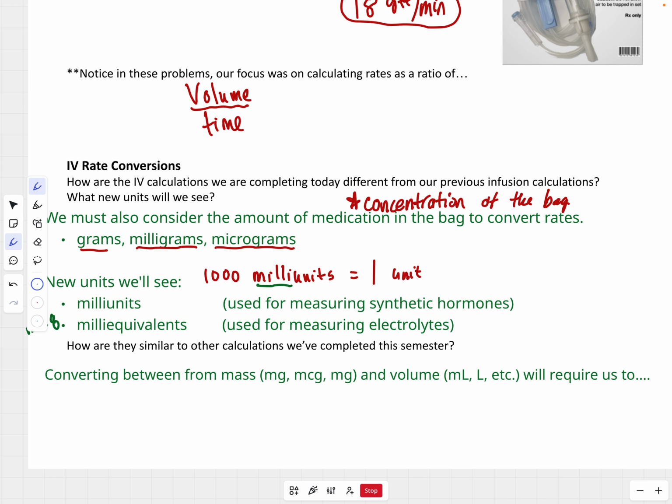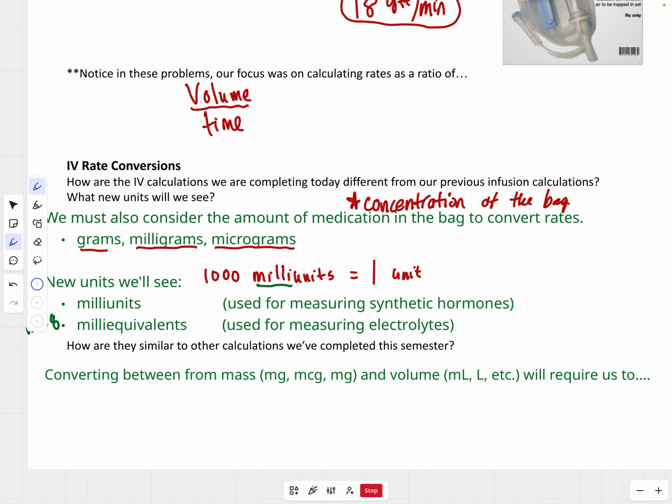So when we're converting between mass and volume, just as we have throughout this semester, with previous calculations, with oral dosage calculations, with parenteral dosage calculations, we use the strength of the medication that's available. That's exactly what we're going to do now, except the strength of the medication that's available is going to be an IV bag rather than a vial, or rather than a bottle of oral medication or some tablets or capsules or a vial for an injection. We're going to have to convert between mass and volume.